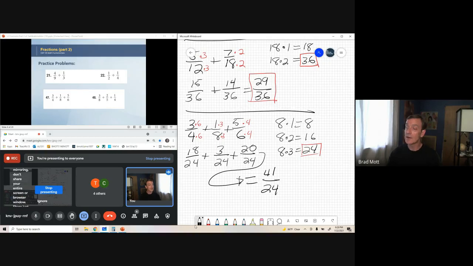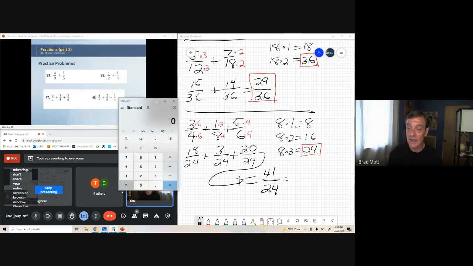There are not. So the improper fraction 41/24 is a correct answer. And unless it specifies, you can either leave your answer in the form of an improper fraction, or if you're just someone who likes looking at mixed numbers, if that makes more sense, you can go ahead and convert this into a mixed number if you so desire.